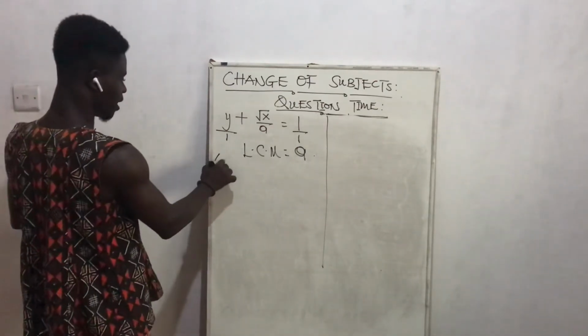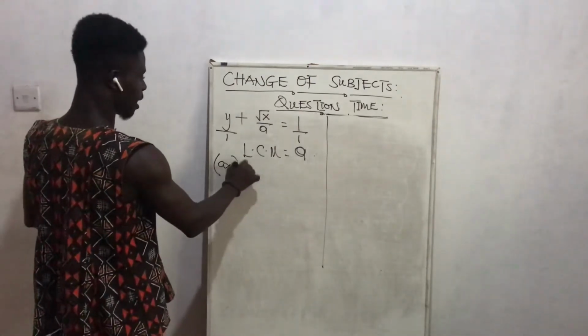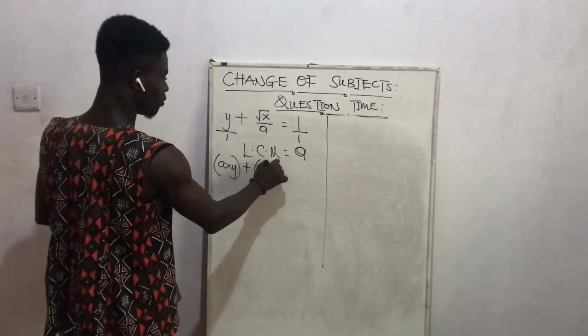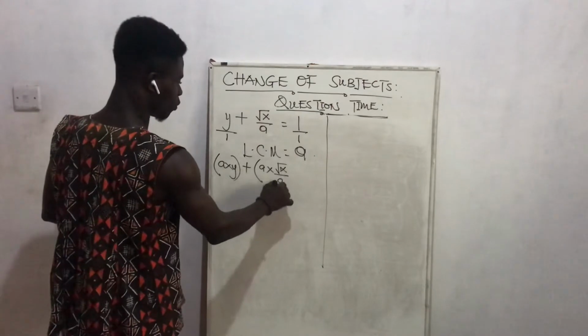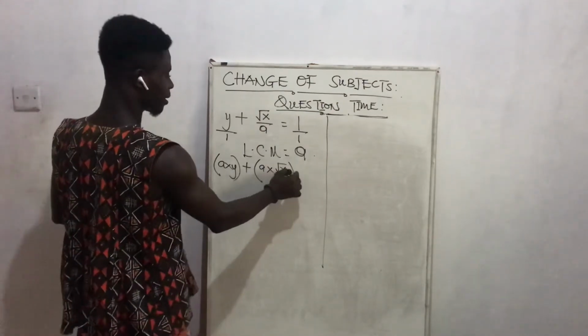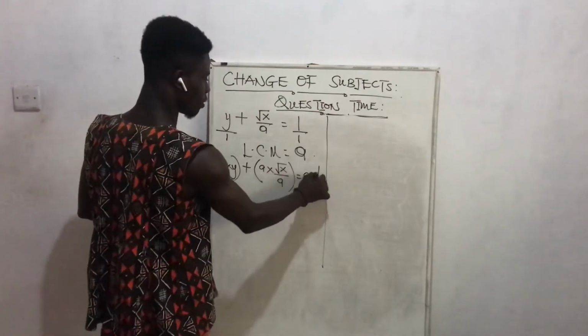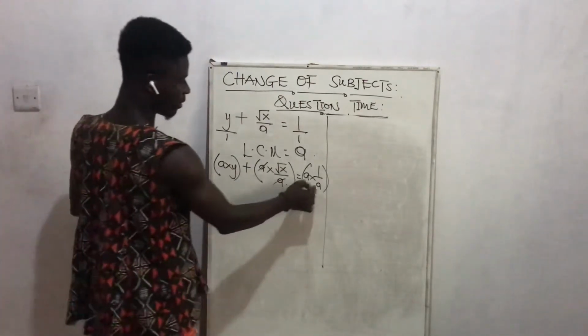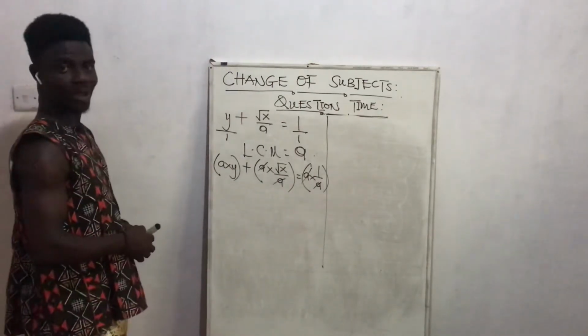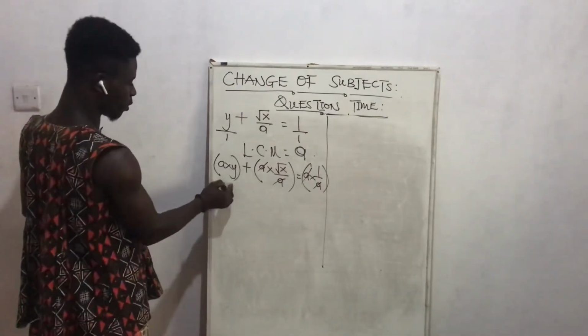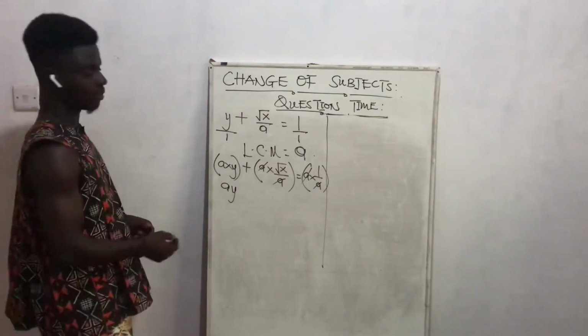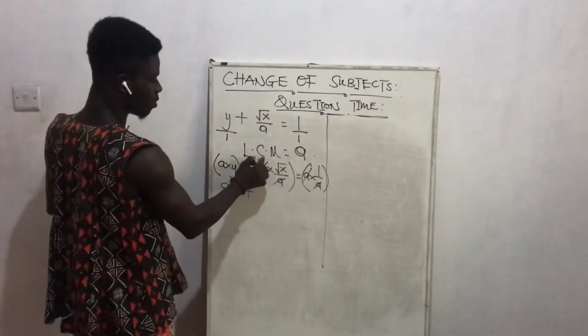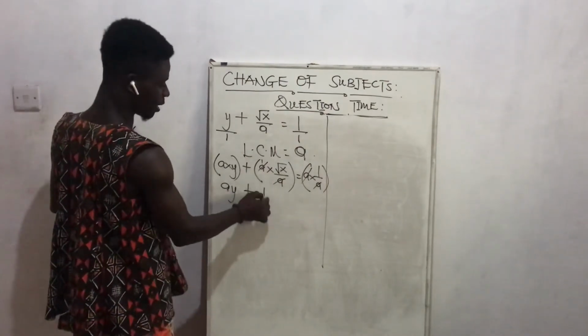So I have a times y plus a times square root of x all on a, equals a times 1 on a. So a cancels a, right? A times y, we get ay. Then plus, here is 1. 1 times square root of x gives what?